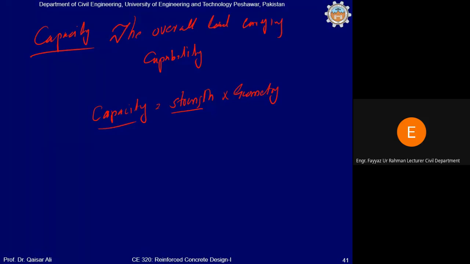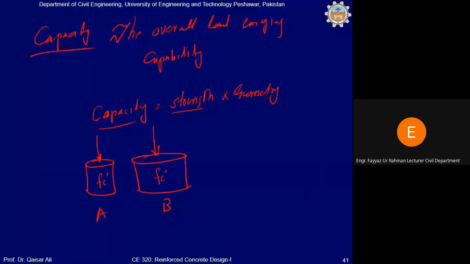यानी अगर आपके पास दो सैंपल्स हैं, what is this sample? It is made up of concrete of strength Fc prime, and now there is another sample having the same strength. Now, can you tell me which one of these samples will take more load?